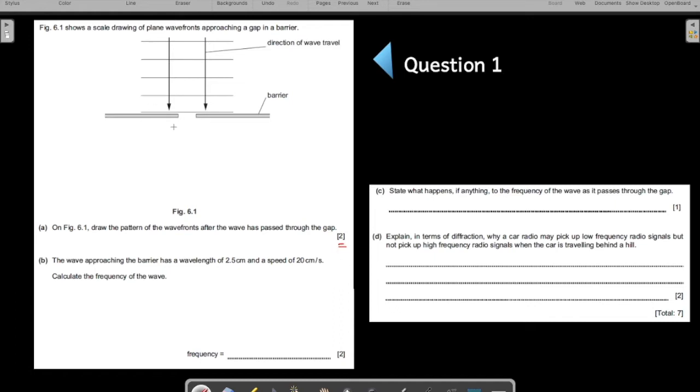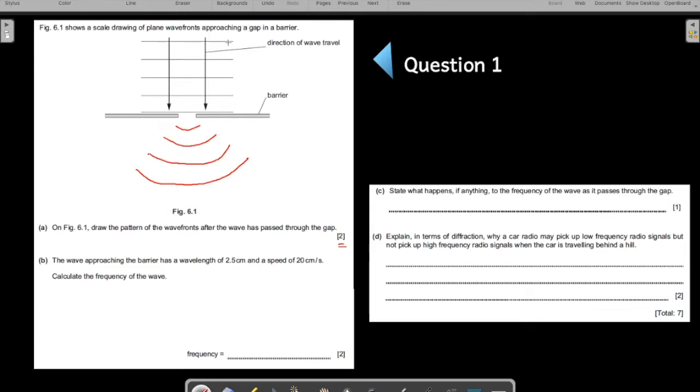Draw diffracted wavefronts like this. At least 3 or 4 wavefronts you should always draw in your answer to get one of the points, and to get the other point you have to make sure that the wavelength is not changed.